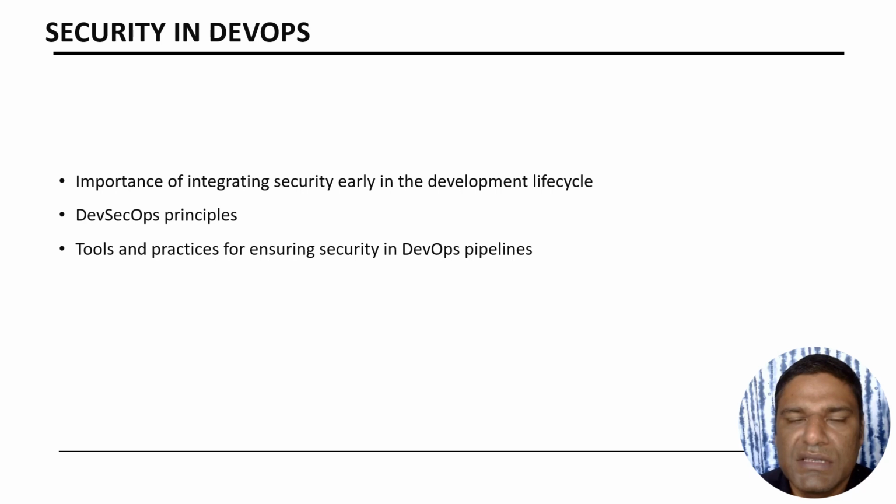Tools and practices such as static code analysis, vulnerability scanning, and automated security testing help identify and remediate security vulnerabilities early on. By making security a shared responsibility and incorporating security practices into early stage of the development life cycle, organizations can mitigate risk and build more secure software.